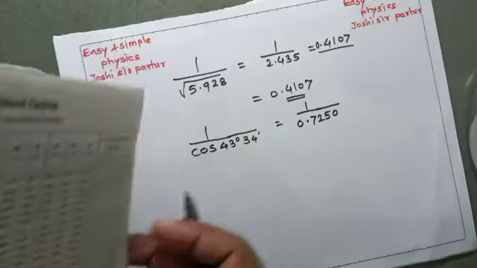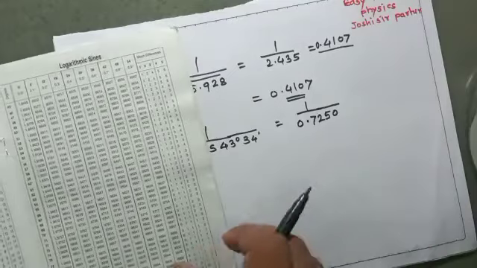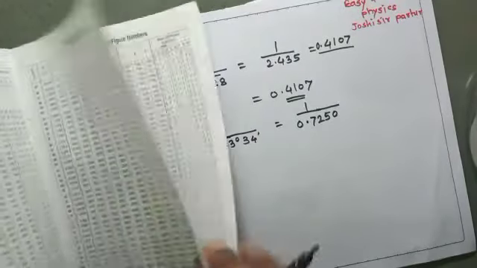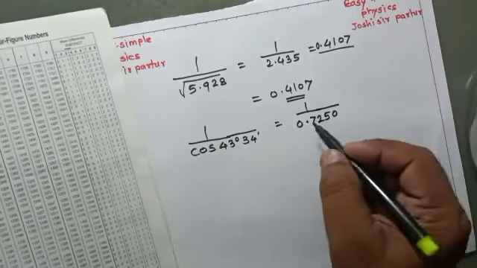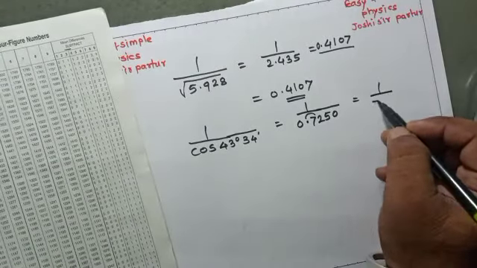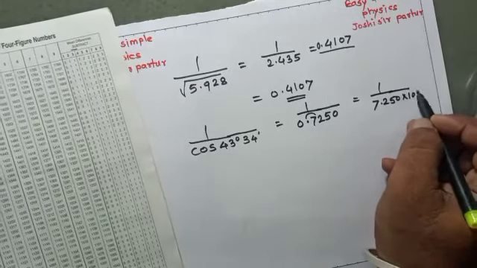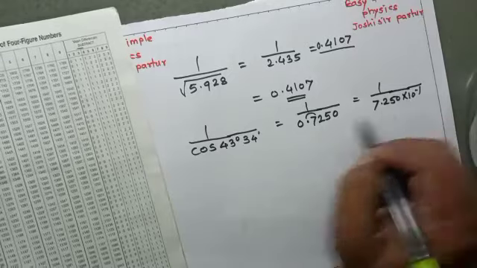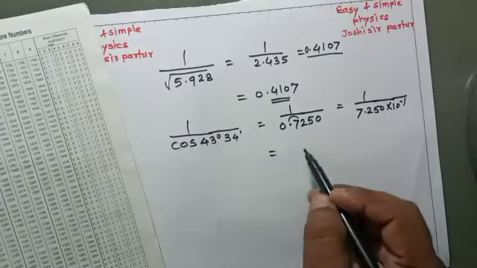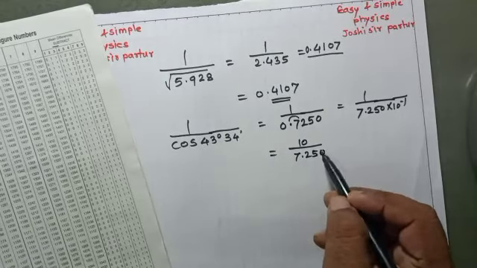Here, when we want to see the reciprocal, we cannot see it because the number is less than 1. So by shifting the decimal point, what happens? 1 upon 7.250 into 10 to the power minus 1. When 10 to the power minus 1 is shifted to the numerator, that is 10 upon 7.250.